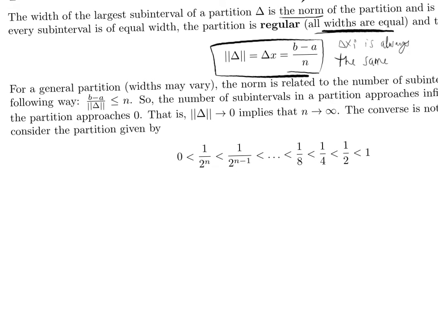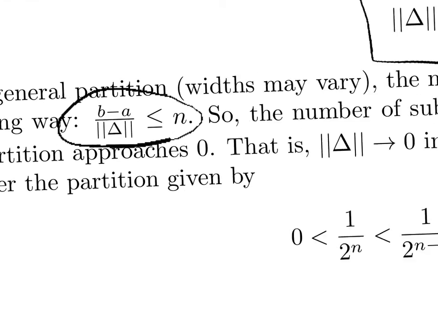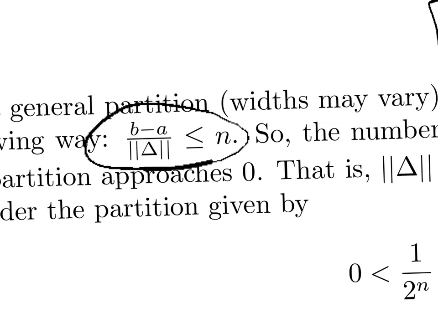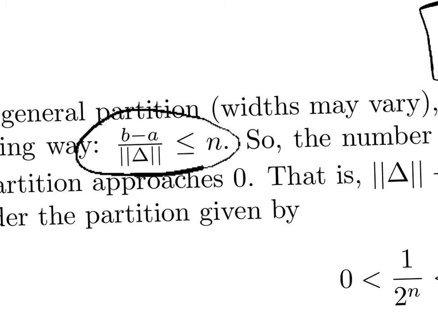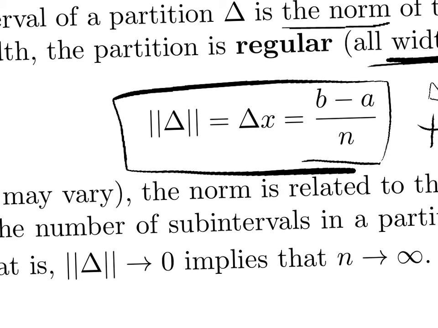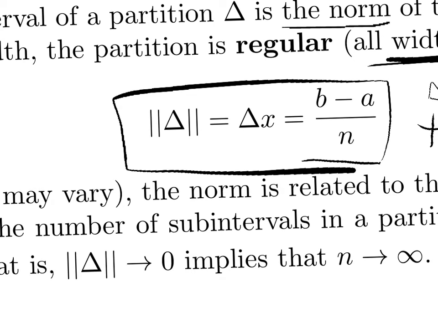We can make this statement that the number of rectangles n is always greater than or equal to (b minus a) over norm. It will be equal if, looking back right up here, we rearrange this.